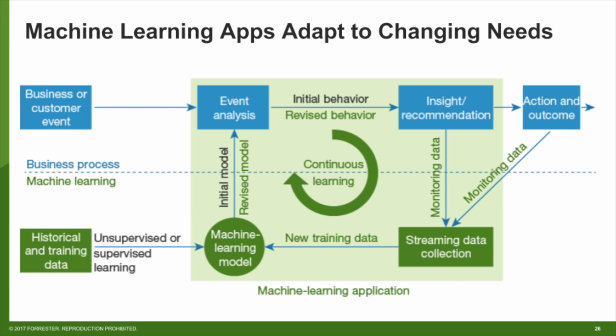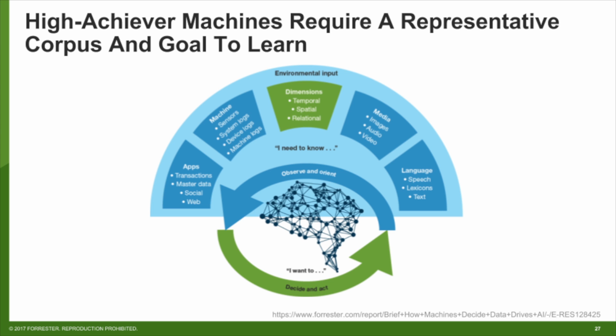This next slide is really just talking about how machine learning requires a range of different goals to actually generate the kind of information you need. There's a variety of types of data that get imported into a machine learning system, which is then fed through the machine learning algorithms to generate information that can help you make better decisions.